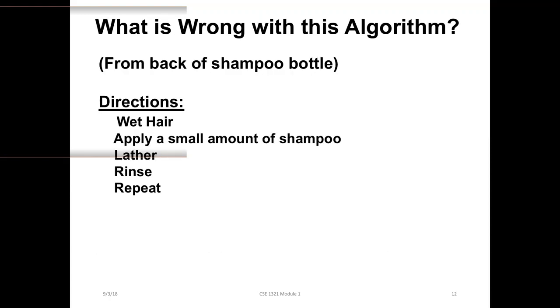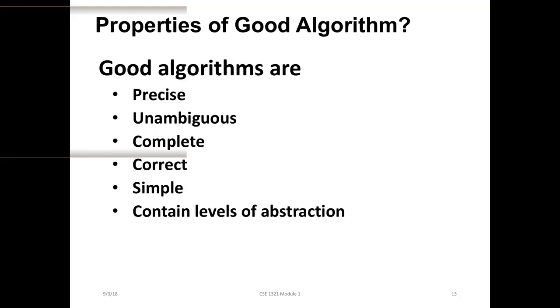Actually, all algorithms have some properties in order to be a good or perfect algorithm. So what are the properties of a good algorithm? A good algorithm is precise, and it should be unambiguous.